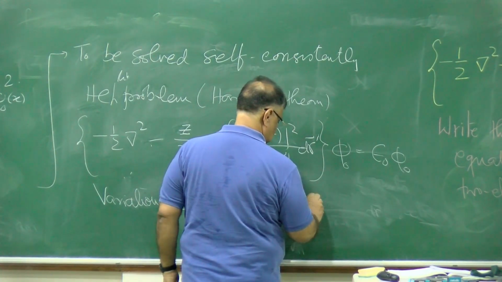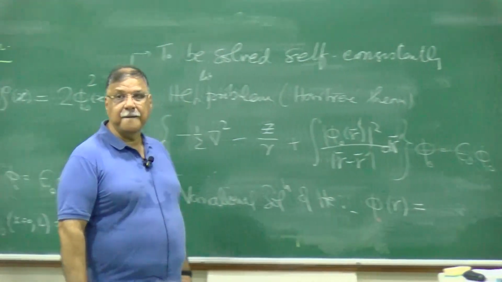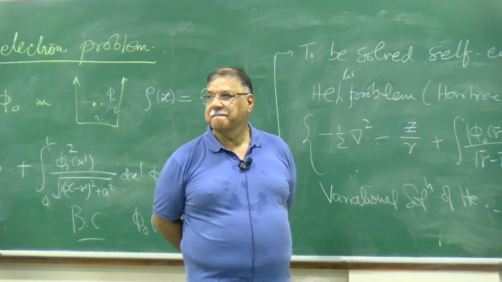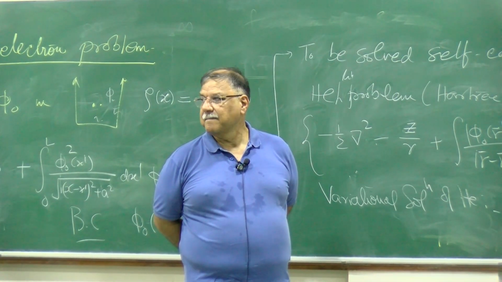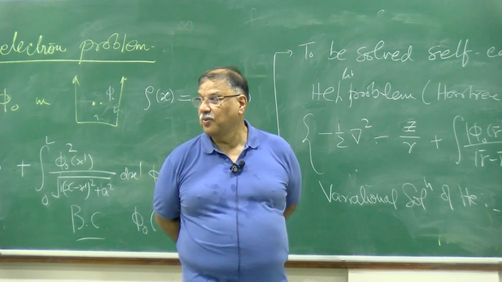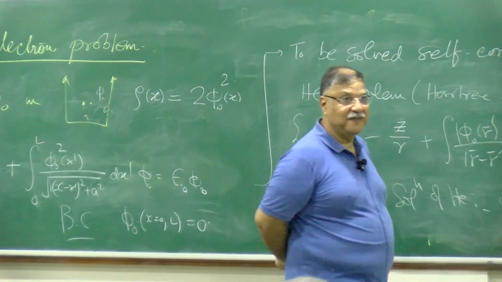Simplest is spherically symmetric. And how does it look? Any idea? Either you have to say yes or you have to say no. If you say yes, you have to solve it. If you say no, then I'll solve it.